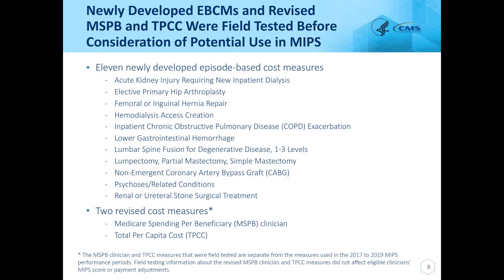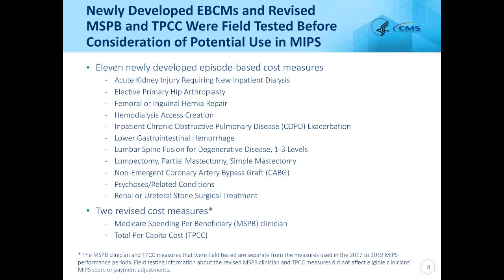These measures included the acute kidney injury requiring new inpatient dialysis, elective primary hip arthroplasty, femoral or inguinal hernia repair, hemodialysis access creation, inpatient COPD exacerbation, lower GI hemorrhage, lumbar spine fusion for degenerative disease, 1 to 3 levels, lumpectomy, partial mastectomy, and simple mastectomy, non-emergent coronary artery bypass graft, psychoses or related conditions, and renal or ureteral stone surgical treatment.